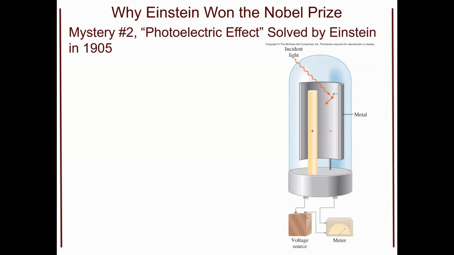The second experiment is actually one of the biggest misconceptions in all of general chemistry. This is called the photoelectric effect, and it was actually solved by Einstein in 1905. This is the experiment that Albert Einstein won the Nobel Prize in Physics for. It was not relativity. So, what he determined in this reaction is that light can act in a duality.